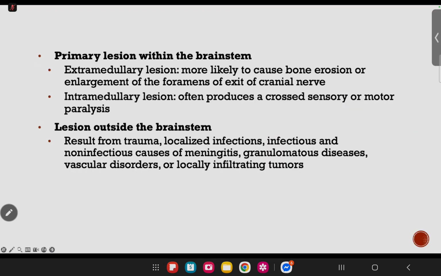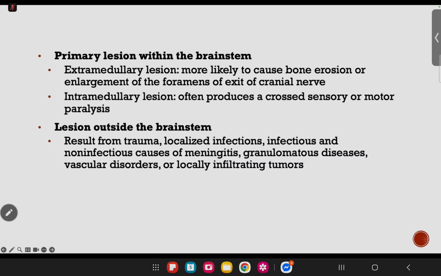In primary lesions within the brainstem, we have extramedullary and intramedullary. An extramedullary lesion is more likely to cause bone erosion or enlargement of the foramens of exit of the cranial nerve, while intramedullary lesions often produce a crossed sensory or motor paralysis, with cranial nerve signs on one side of the body and long tract signs on the opposite side.